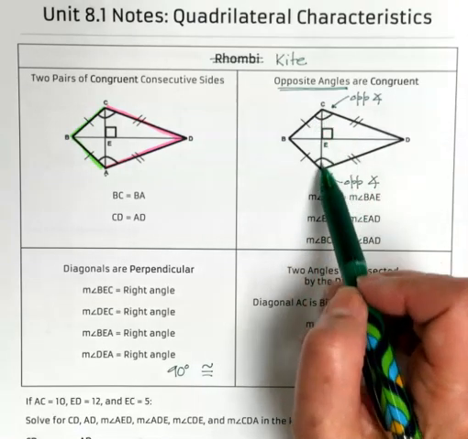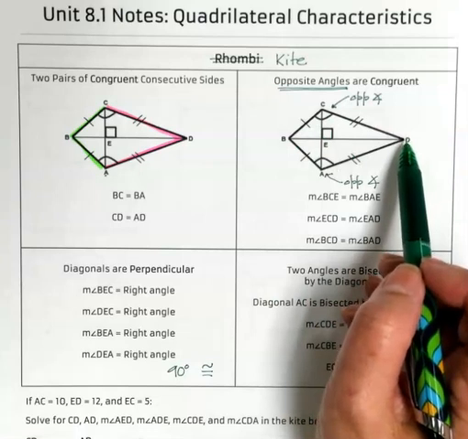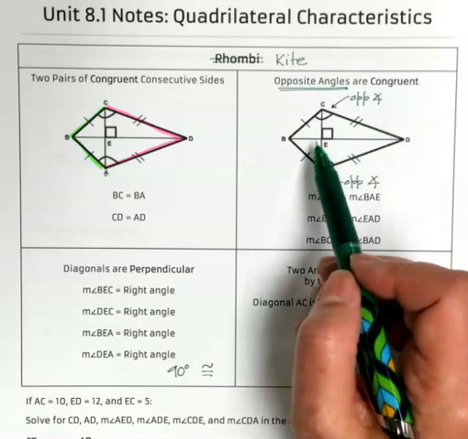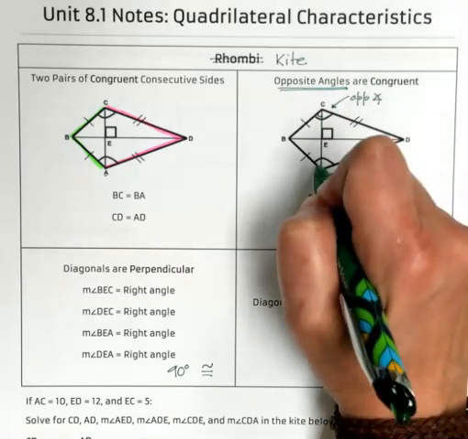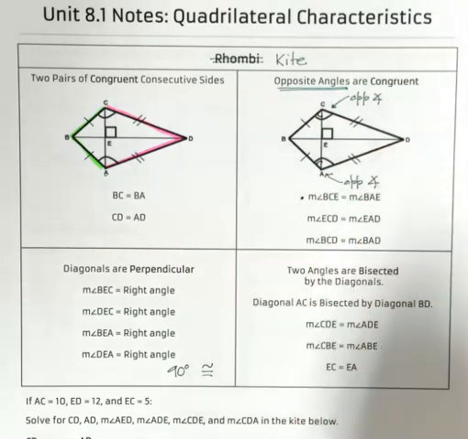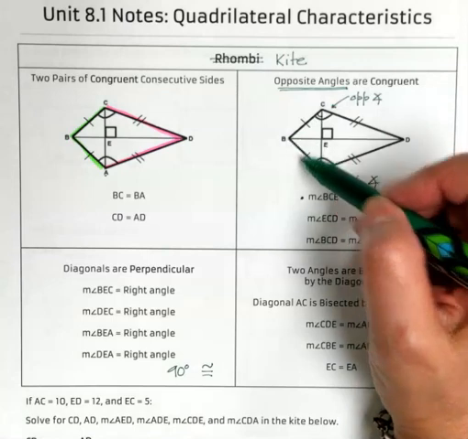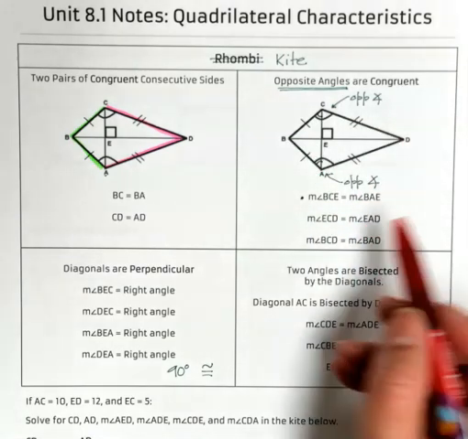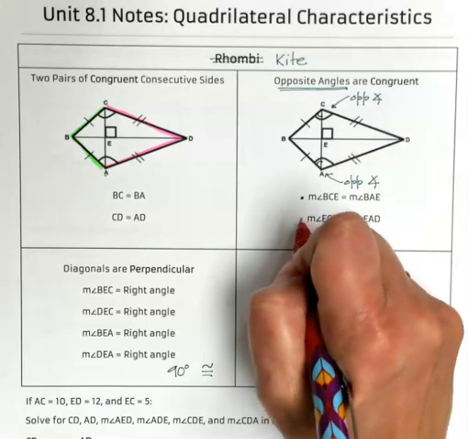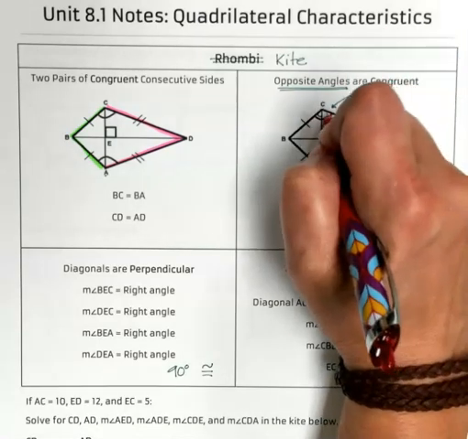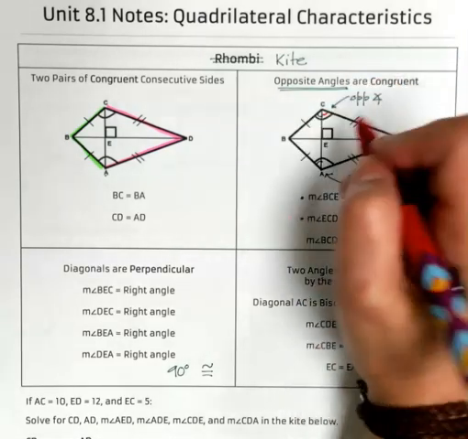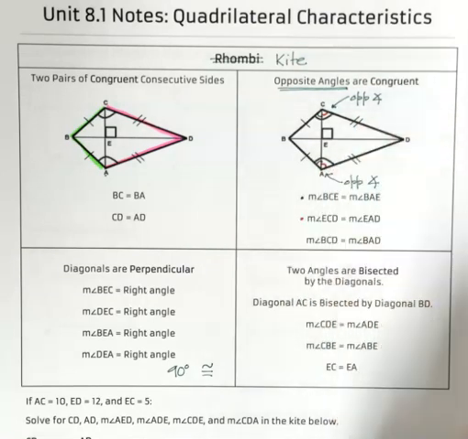So why are they congruent? Well, as you recall, we have perpendicular diagonals that form right triangles. So this angle here is congruent to this angle here. Measure of angle BCE is congruent to angle BAE. Then if we move over to this angle, ECD, mark that way, is congruent to angle EAD.